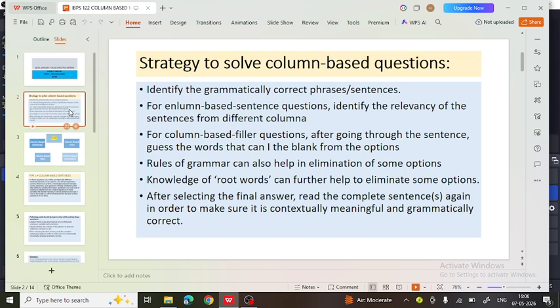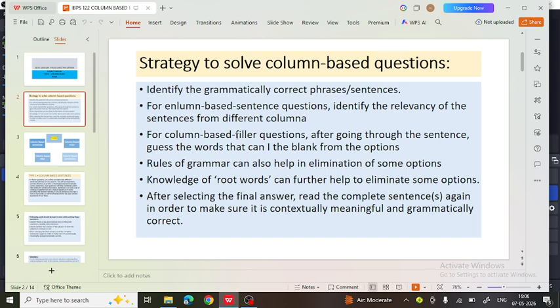When you are going to attempt such a question, what can be your strategy? First, you need to identify the grammatically correct phrase or sentence. Next, for column based sentences questions, you need to identify the relevancy of the sentences from the different columns. Two columns will be given to you and you need to find out their connection.